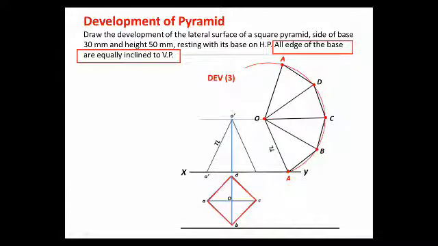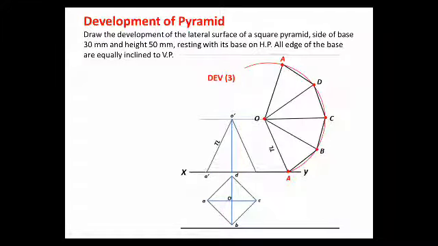If a question is like this way, if all the edges or one edge is parallel or perpendicular to VP, then a straight square you will obtain in top view. But for this problem, A, B, C, D in top view, this is the top view of square pyramid.